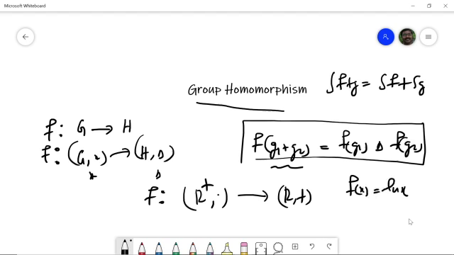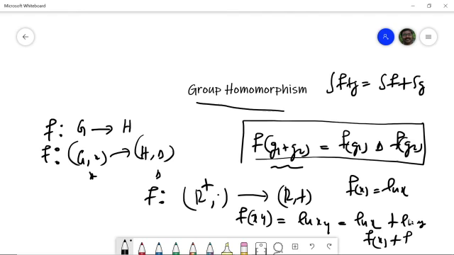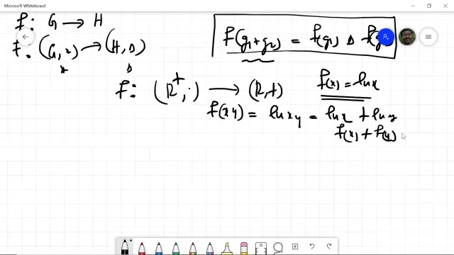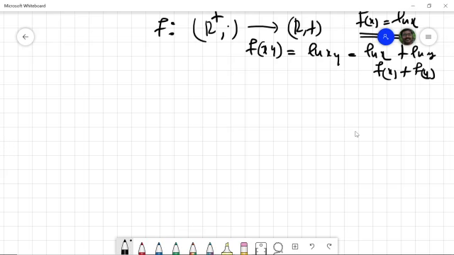You can see that when I take two elements x, y in R plus, f of xy is ln of xy, and this is equal to ln x plus ln y, which is f of x plus f of y. So this function, f of x equals ln x, is a group homomorphism. You can also check that they are groups and that this has this property.